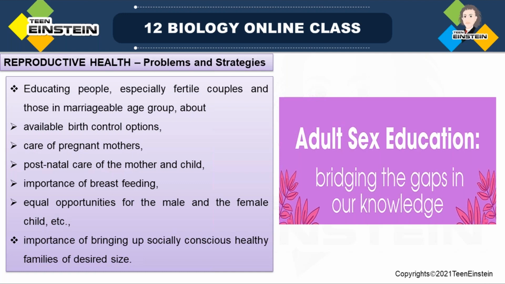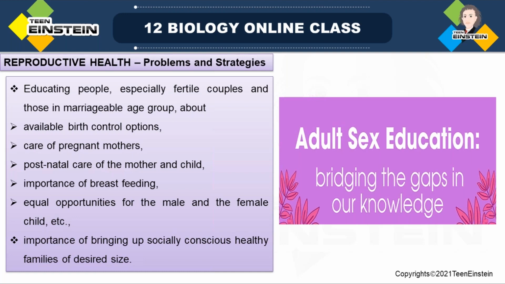For that, we need to educate people about all these aspects, especially fertile couples or those who are getting married, or those who are in the age of marriage. So they should know about available birth control options, then care of pregnant mothers.